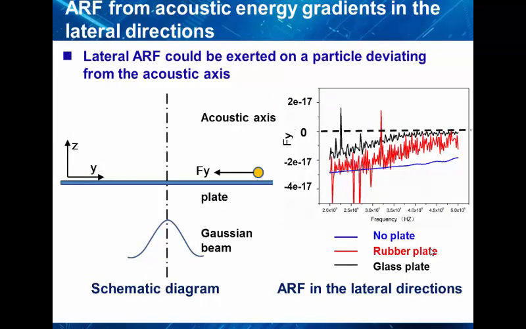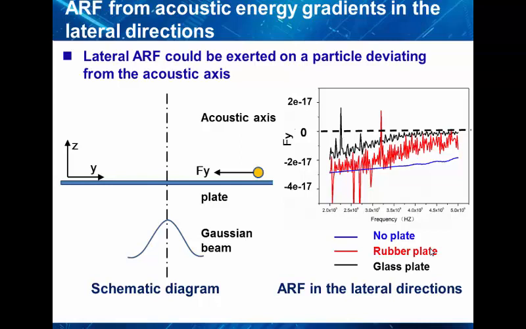Next, I will introduce our work about the transport of massive particles. We first calculated the lateral acoustic radiation force exerted on a particle. The particle was placed at locations deviating from the acoustic axis of a Gaussian beam. As shown in the right figure, the lateral acoustic radiation force was almost negative.